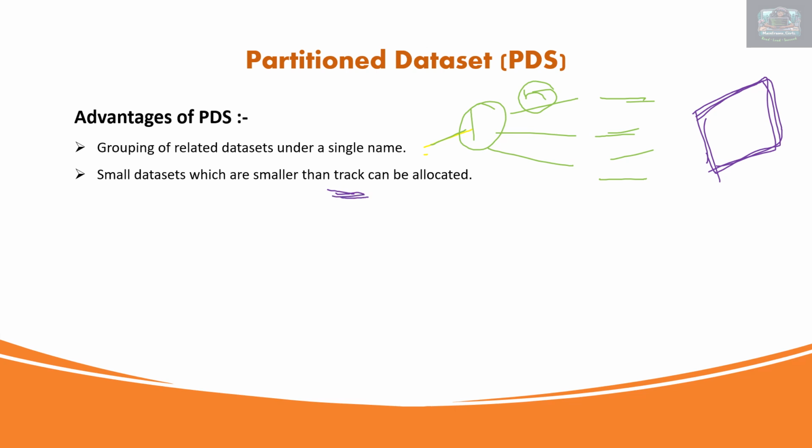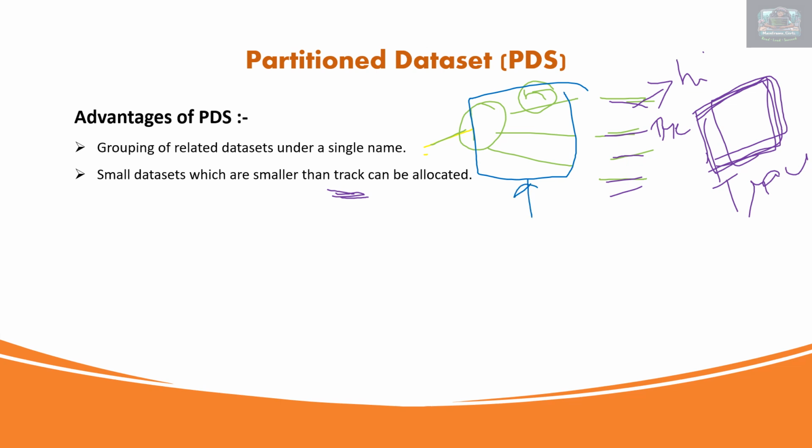But when you give particular tracks to create a PS file, whereas in a PDS file you can simply create small data sets like PS files inside it, in which you can write just hi, nothing more than that, and here just bye. This big data set is already given a space, and in that space you are voluntarily creating these small members. You don't need to specify any space for them. You can make these members bigger and smaller.